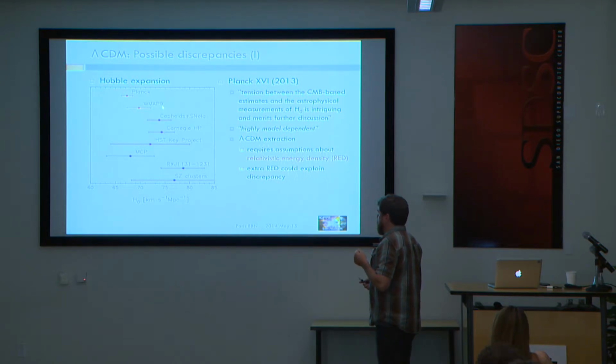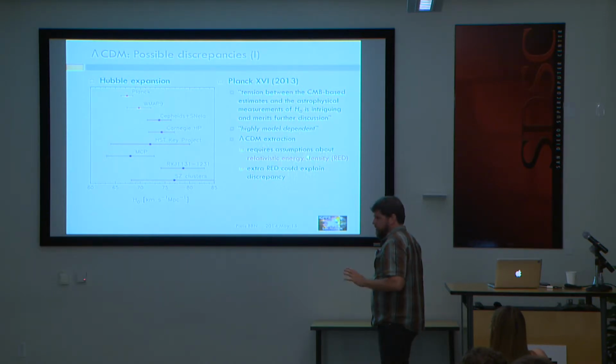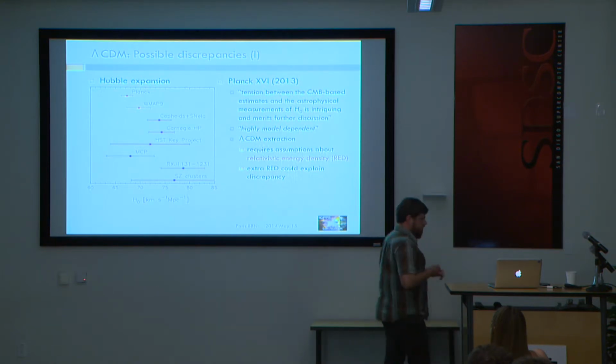So this is WMAP9, the most recent complete compilation of that observational program, and Planck within error bars of each other, notably. However, perhaps outside the range of observational measurements, and apparently relativistic energy densities can fix this problem. In other words, N-effective.